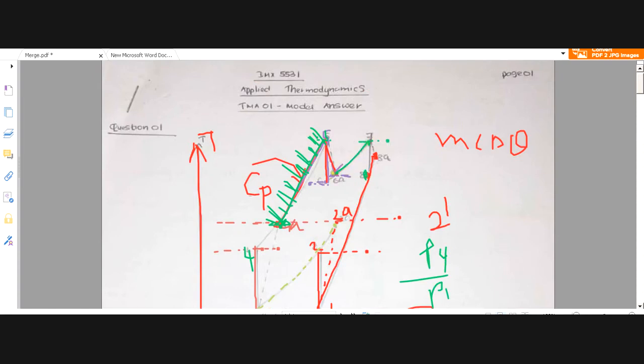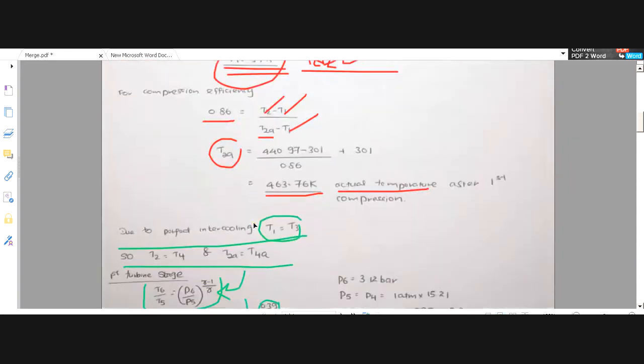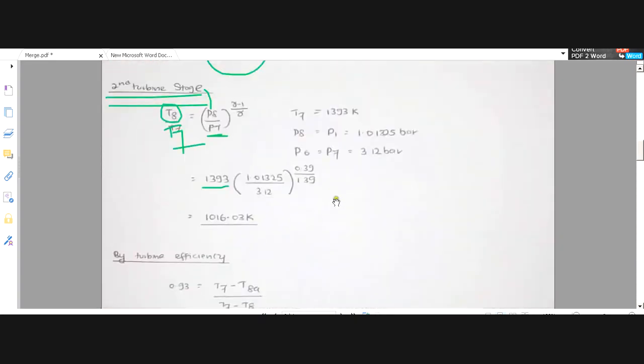I told you the heating process is a constant pressure heating process. So the pressure at point 6a and the pressure at point 7 are the same. So I think you know all the other data. P7 is also okay, I hope you got that. P7 is the same as P6 due to constant pressure heating.